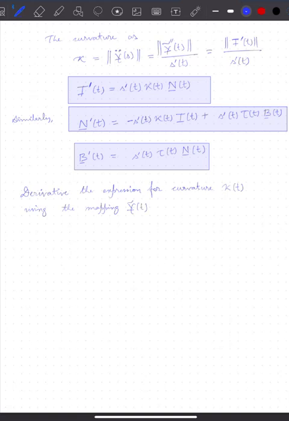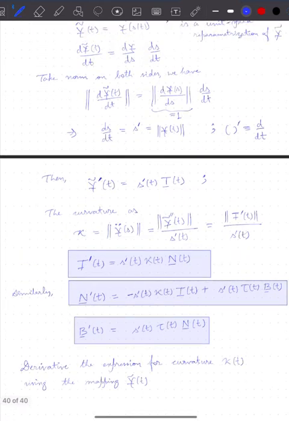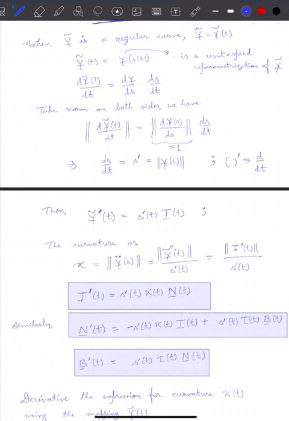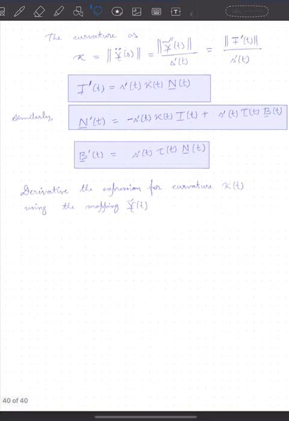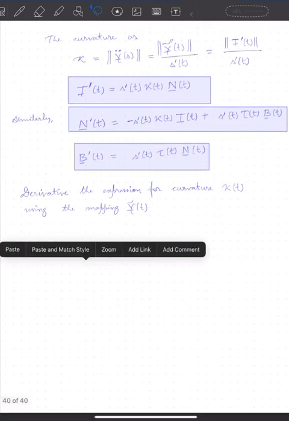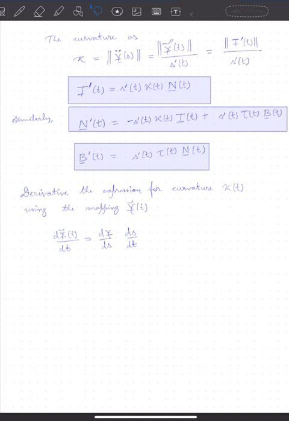Given that we have the expression for this, let me just put it down here. This one was equal to s prime of t, and this one represents what is called a tangent vector.